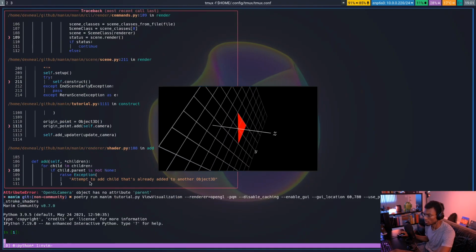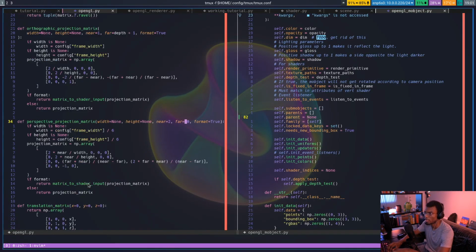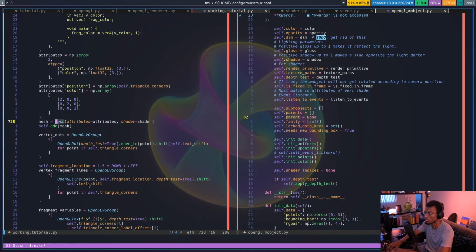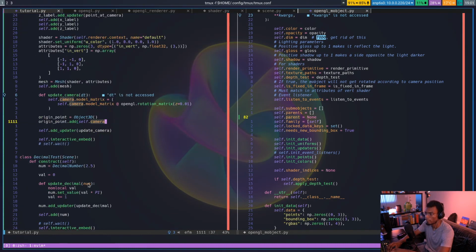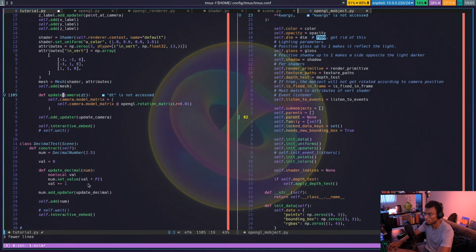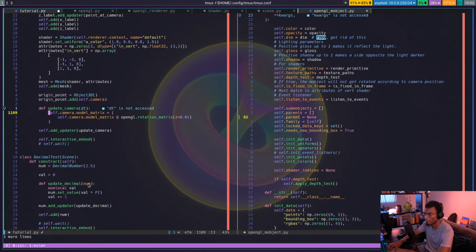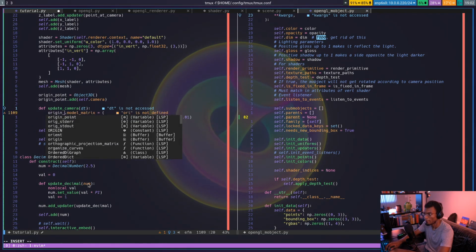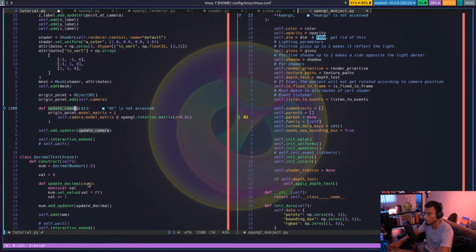Okay. So that didn't break anything. And now what I'll do is update the model matrix of the origin point. Wait, there's no way this works.